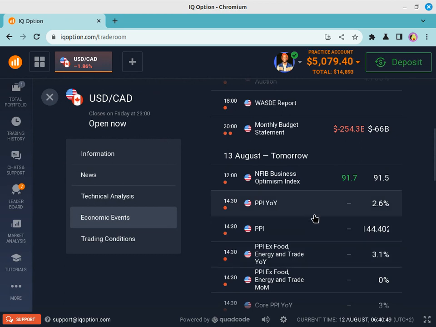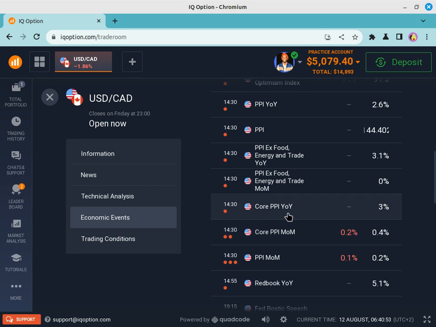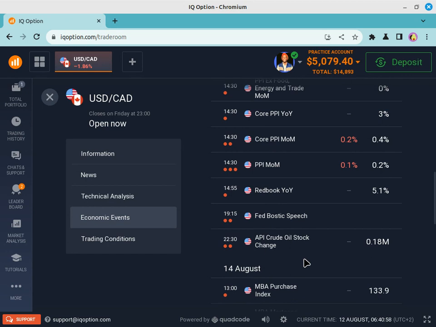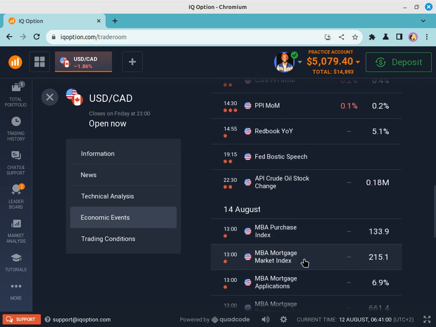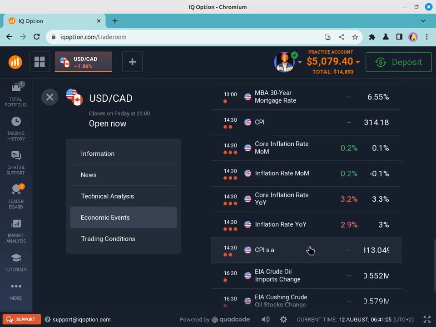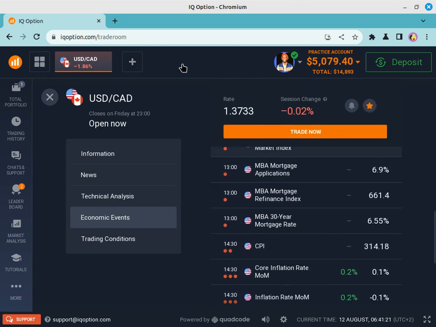Okay, we have more, core PPI year over year. We're expecting it to be 3%. And so we have an inflation rate year over year expecting it to be 3%, but it's showing us a reading of 2.9. Inflation is a very key indicator in the stock market.